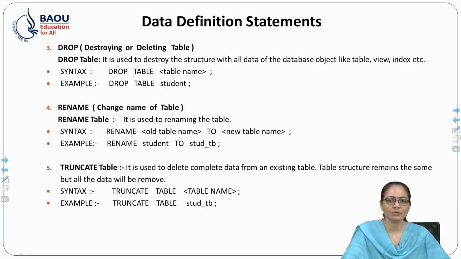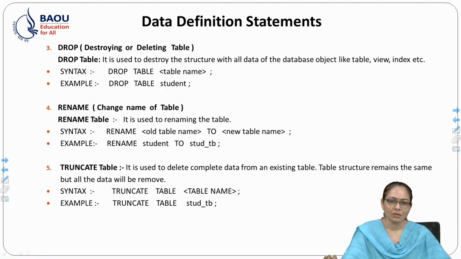Now the next one is the truncate table command. It is used to delete complete data from an existing table. The table structure remains the same, but all the data will be removed. The syntax of the truncate table command is truncate table and table name. For example, truncate table stud_tb.